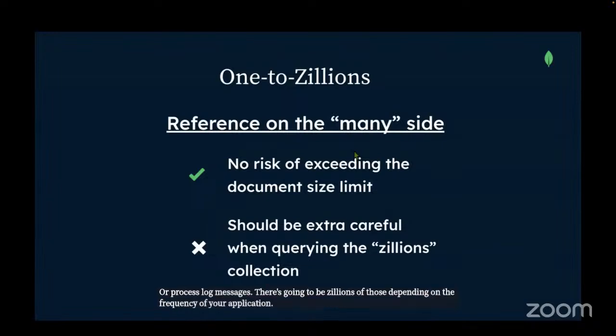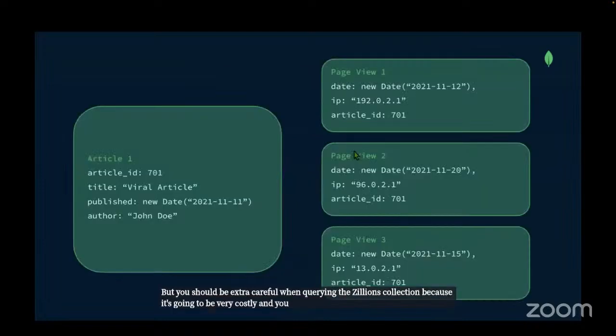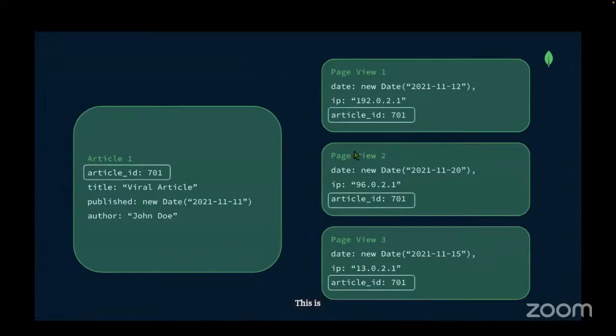In this case, there's really no risk of exceeding the document size limit when you reference on the many side, because each document is going to be very small, but there are going to be very many of them. But you should be extra careful when querying the zillions collection because it's going to be very costly. And you're going to want to look at indexing to support a very performant workload. This is an example of one to zillions, with articles and page views.